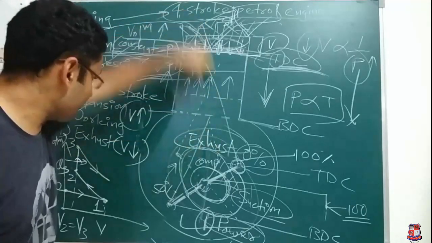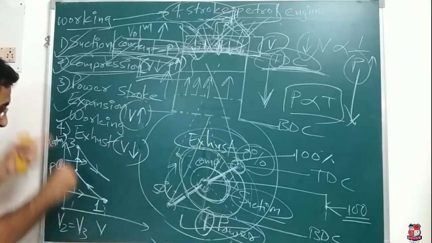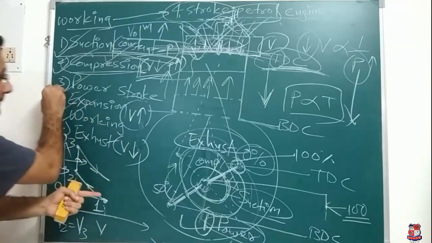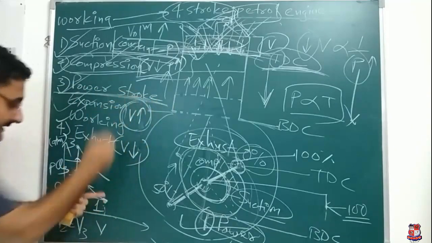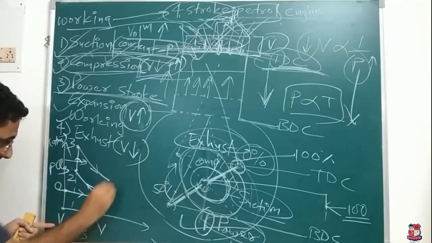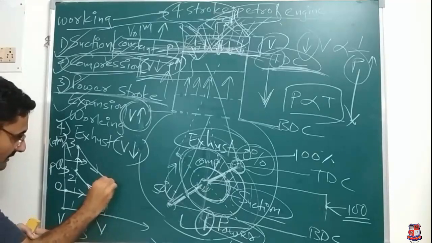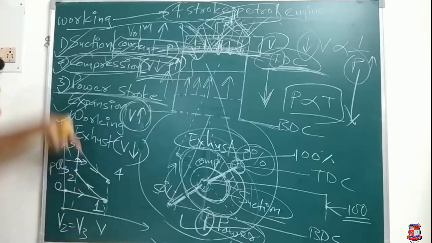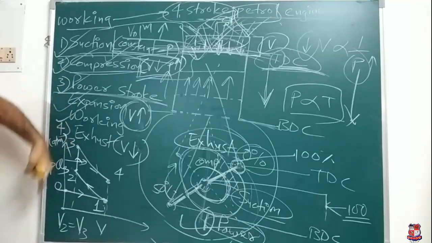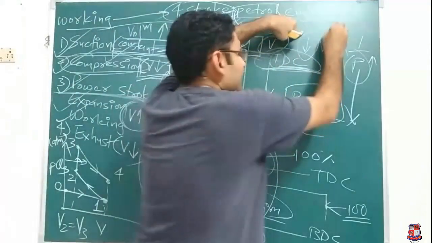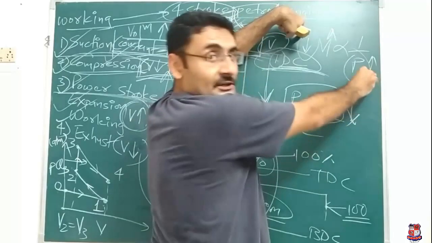When the piston travels, its volume is increasing. So V3 over here, V4 will be over here, point number 4. Volume is increasing, and if volume is increasing, pressure is decreasing, because volume is inversely proportional to pressure.